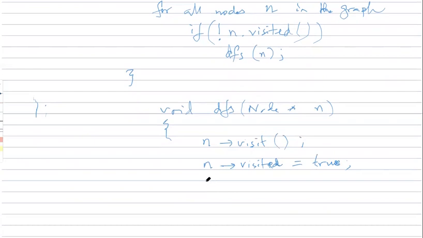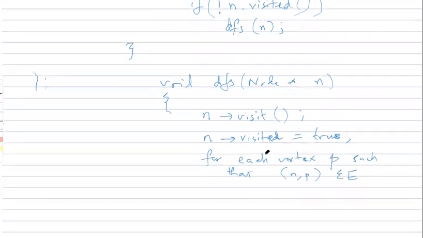And then for each vertex p, let's say, such that n comma p is an element of edge.